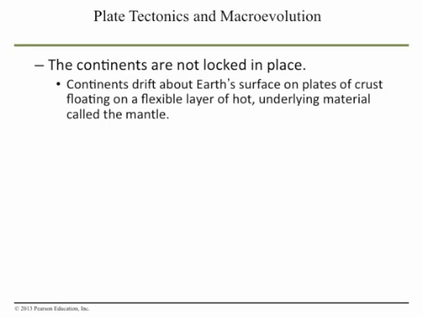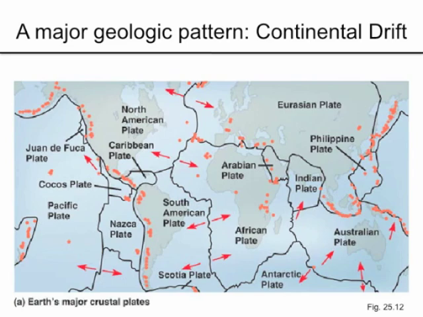Right? So here's what the plates look like if we were to draw the edges of these plates. We can see the North American plate and the Juan de Fuca plate, which is just that little thing. The Juan de Fuca plate runs right along California, and that's where we get a lot of those earthquakes.